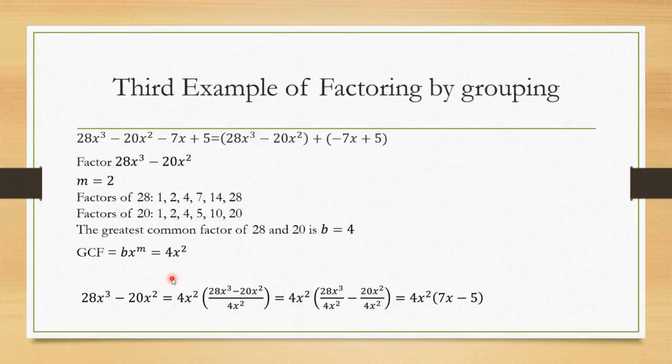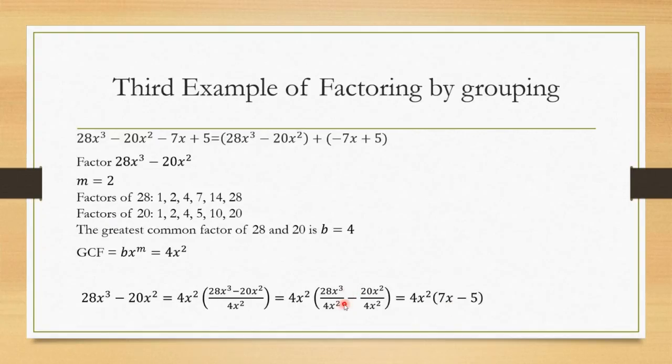Factoring it out, this is what we get, right? You have to divide to see what's left over. And when you divide into a sum or subtraction, you divide into each term. And so we get this: 28 over 4, that's 7.